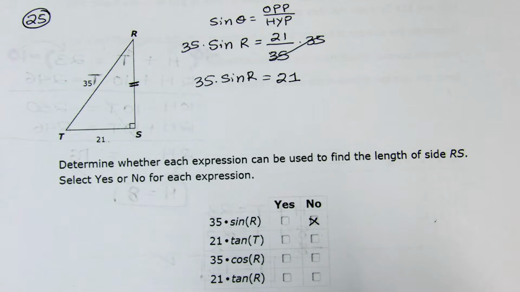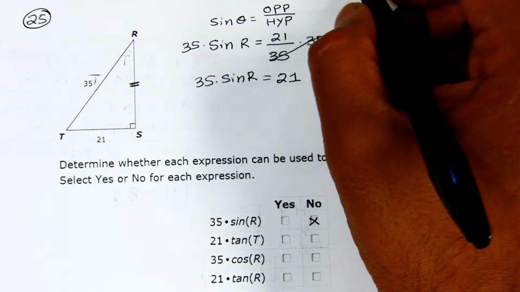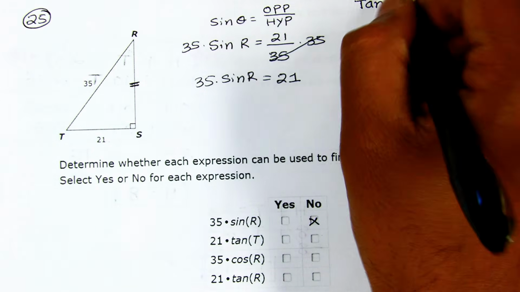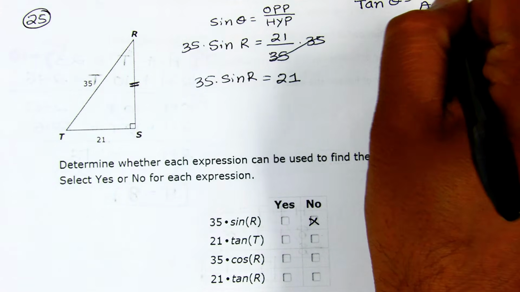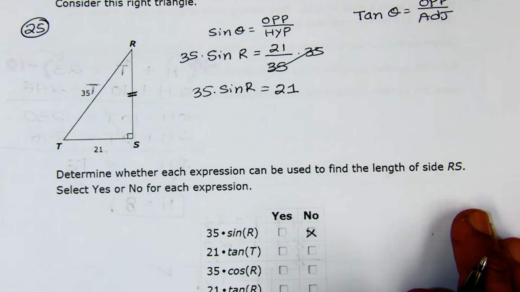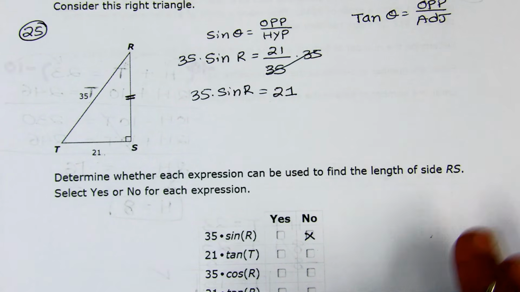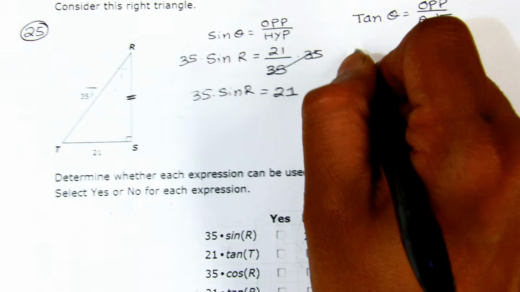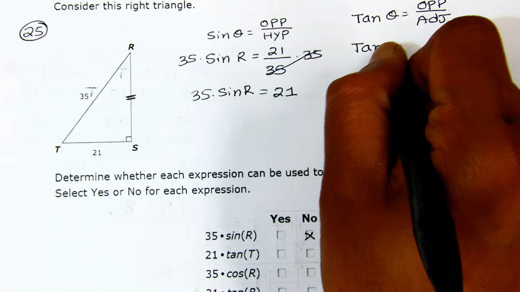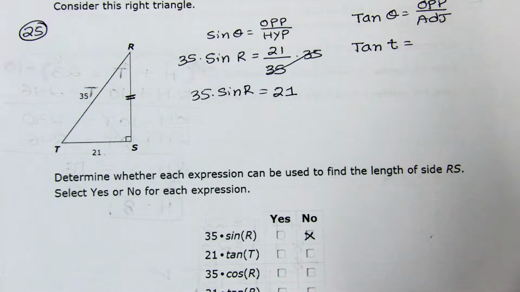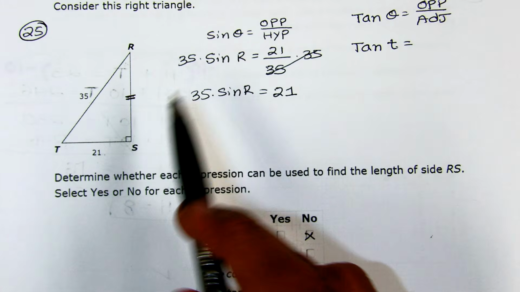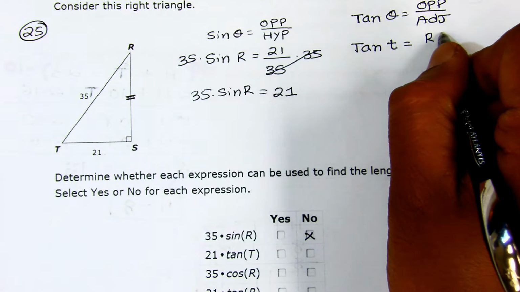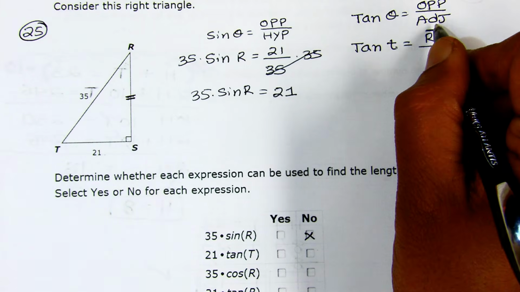Now let's look at the next statement. It says 21 times tangent T. The definition of tangent is opposite over adjacent. Let's work this one out. I'm going to set up the equation: tangent T equals the opposite side of T, which is RS, and that's good to have because that's what we're looking for, divided by the adjacent side, which is 21.